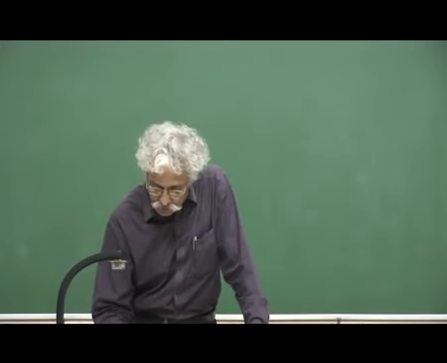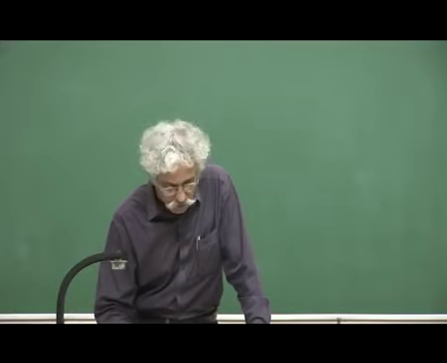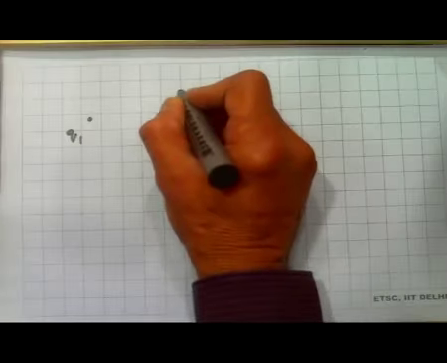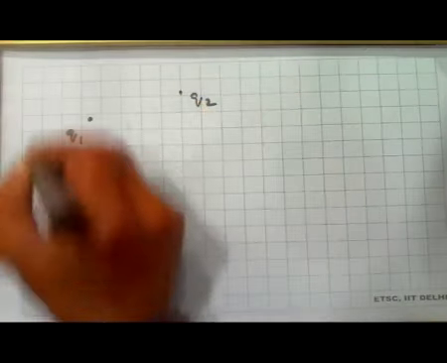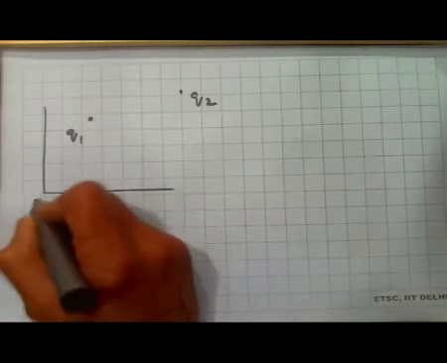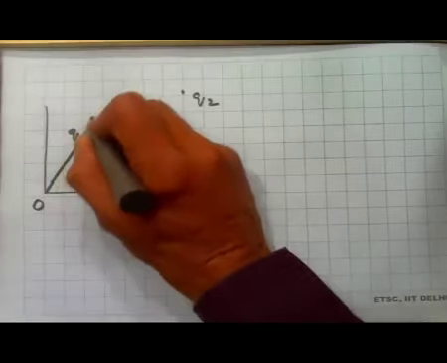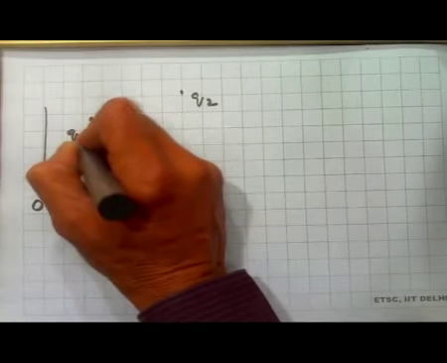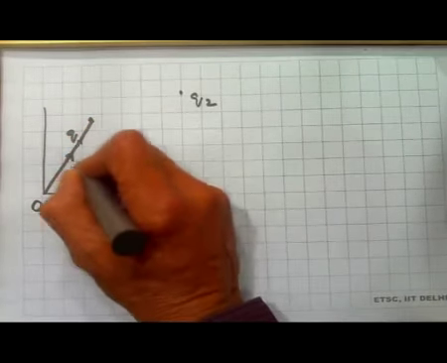So, for this I will start by looking at two charges q1 and q2. I have an origin here. The vector joining origin to q1 I will call r1 vector.